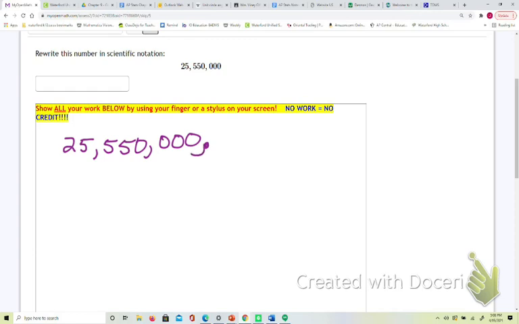So I'm going to move it 1, 2, 3, 4, 5, 6, 7. Notice that if I put it there, I have 2.5. That is between 1 and 9. So it's 2.555. That's messy. Times 10 to the 7th. Why is it 7? Because we moved the decimal point 7 times.